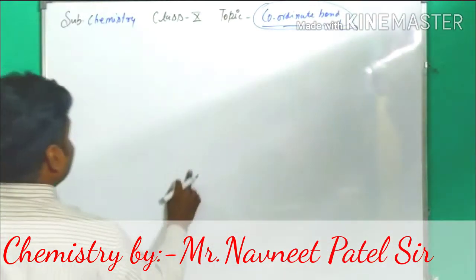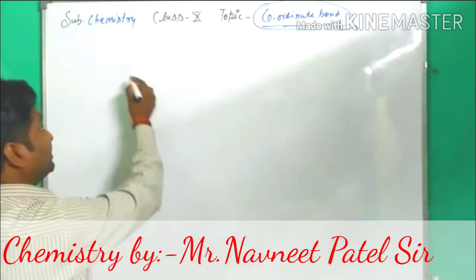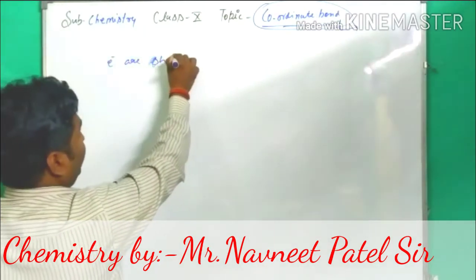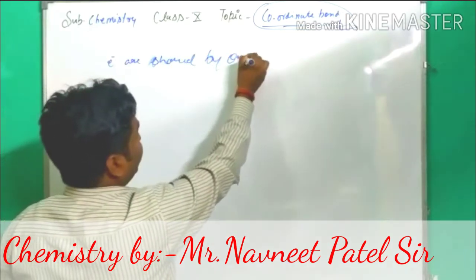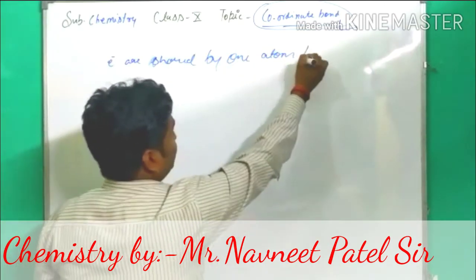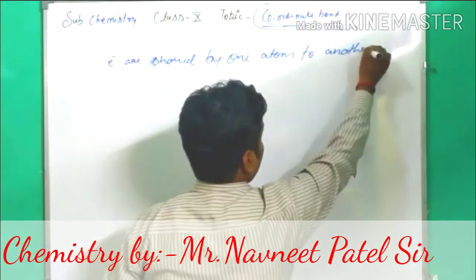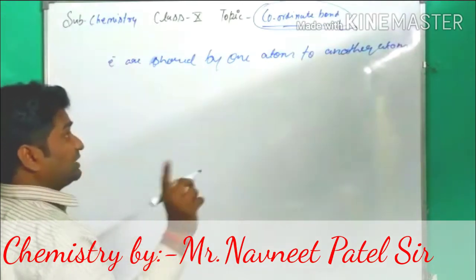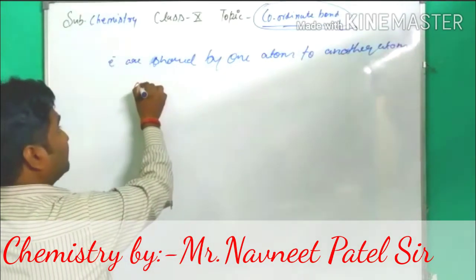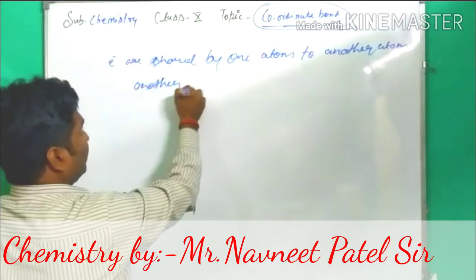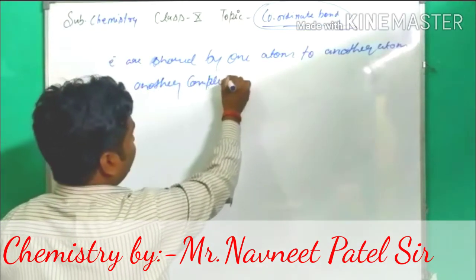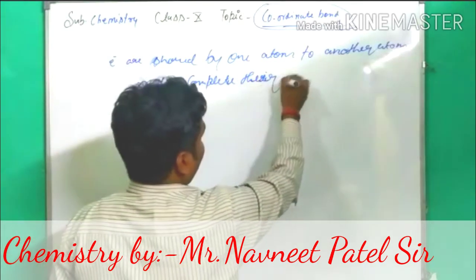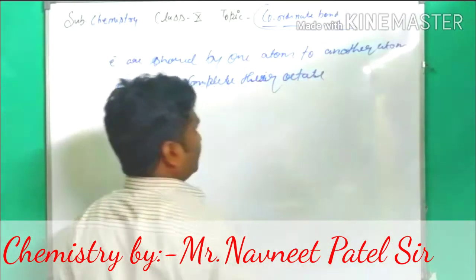Okay students, that means electrons are shared by one atom to another atom, but one condition is there: the second atom, that means the other atom, completes its octet.